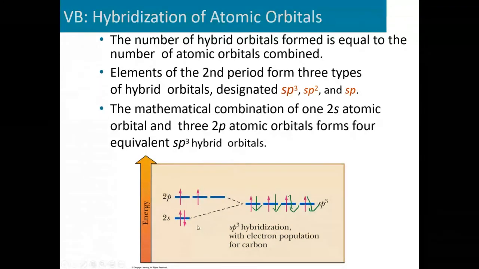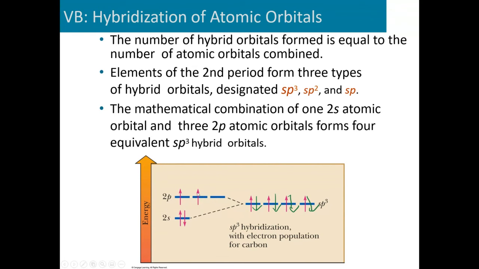When they are mixed together, 4 sp3 hybrid orbitals are formed. So 1 plus 3, that's 4. Those hybrid orbitals have lower energy than p orbitals, but higher energy than s orbitals, and they are all equal in energy.